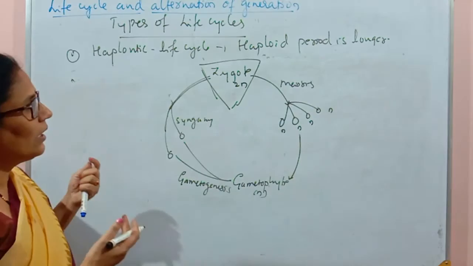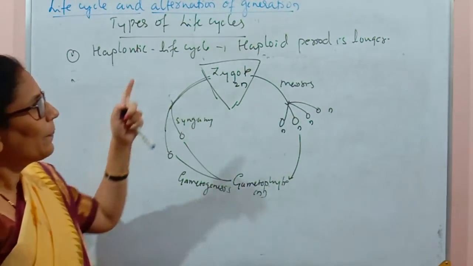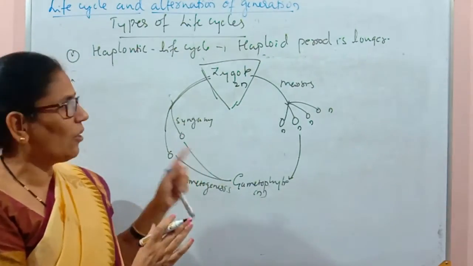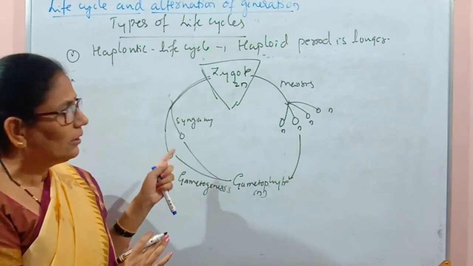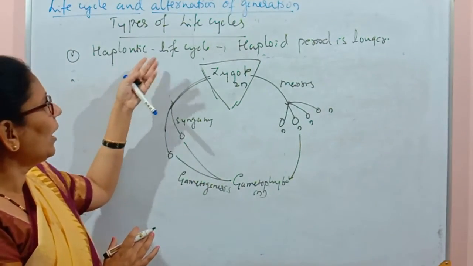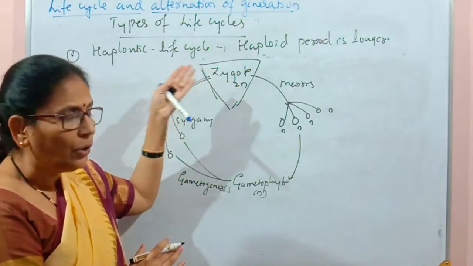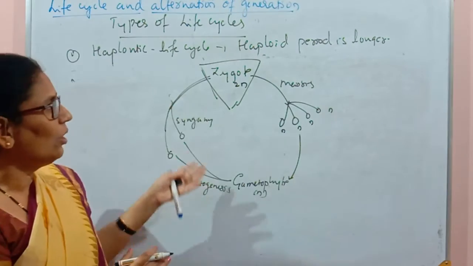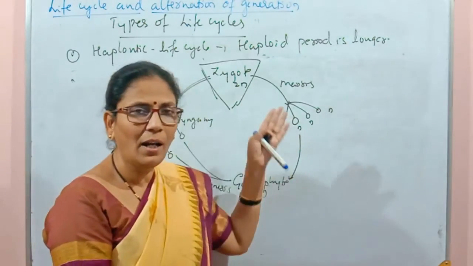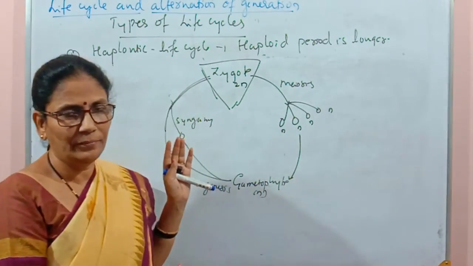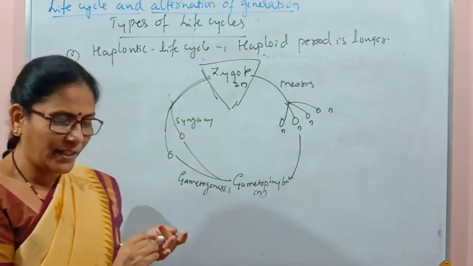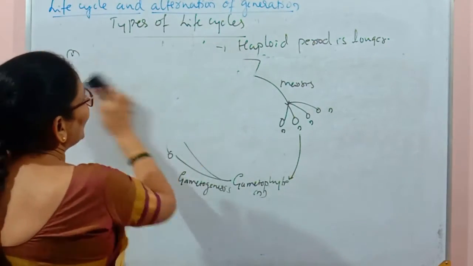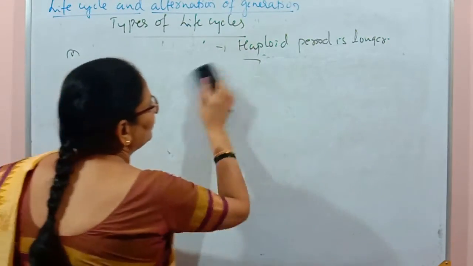Hence, the life cycle has a longer haploid period and a shorter diploid period, so this cycle is called a haplontic life cycle. We see the haplontic life cycle in most of the algae like Volvox, Spirogyra and Chlamydomonas. So now we'll discuss the second life cycle, that is diplontic life cycle.